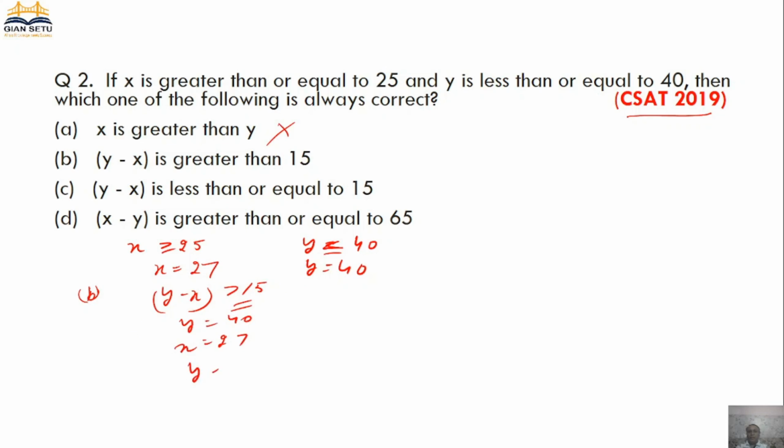Now y minus x is equal to 40 minus 27. That gives us 13. But according to the statement, y minus x is greater than 15. But there are certain values for x and y for which y minus x is 13. So this statement is not always correct.